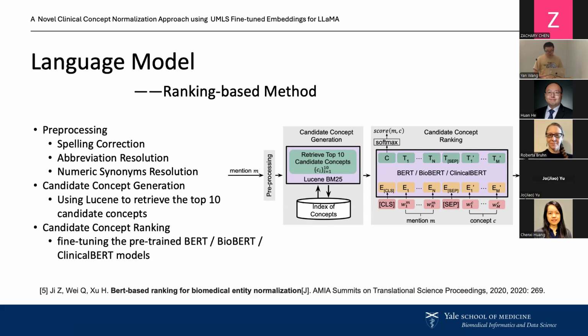For the candidate concept ranking module, they ranked the candidate concepts by fine-tuning the pre-trained BERT, BioBERT, or clinical BERT models, where they transform the ranking task as a sentence pair classification task. In the end, if there were no candidate concepts returned from BM25, they predict M as an unlinkable mention.